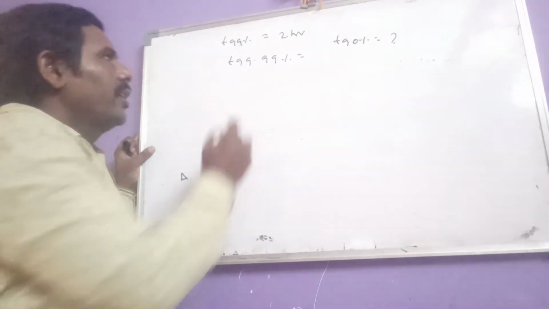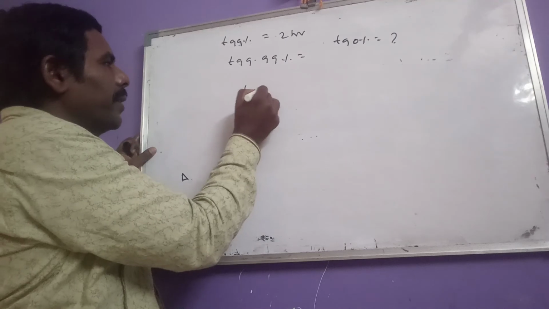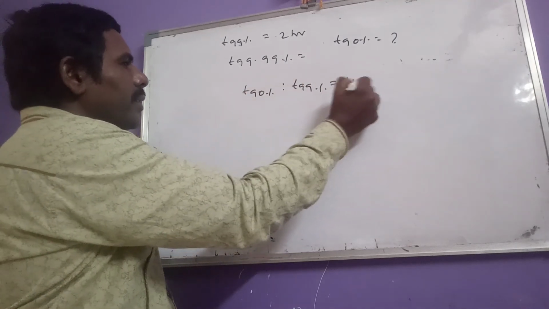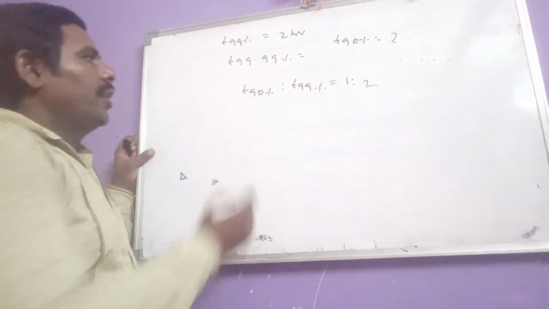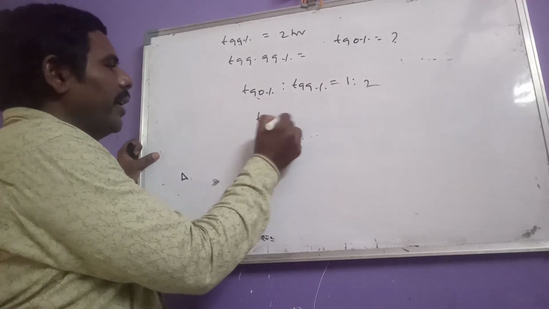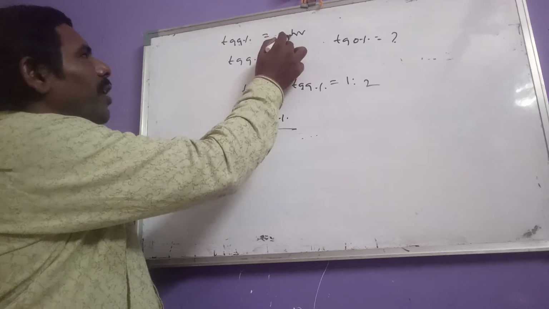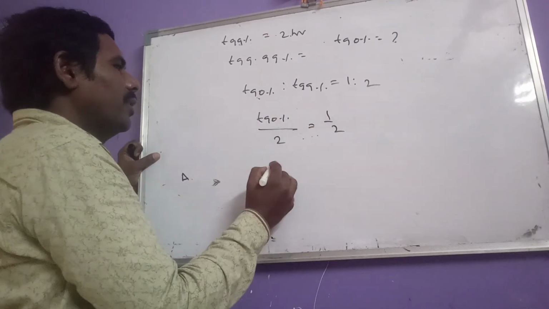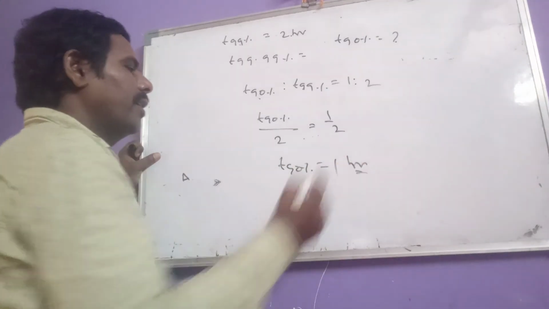It is easy. What is the relation between 90% and 99%? T 90% is to T 99% is in the ratio 1 is to 2. So let us calculate 90% first. T 90% by T 99%, the time given is 2 hours, so 2 equals 1 by 2. Therefore T 90% equals 1 hour.